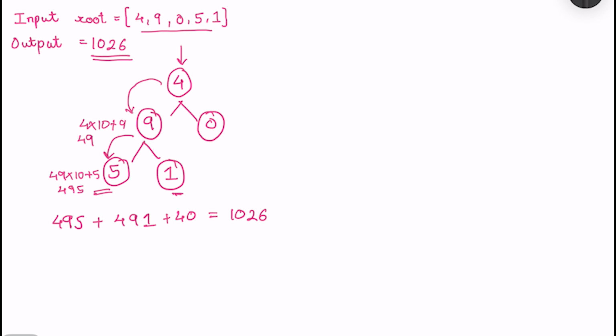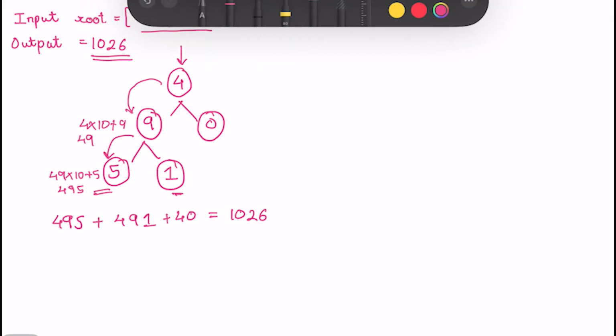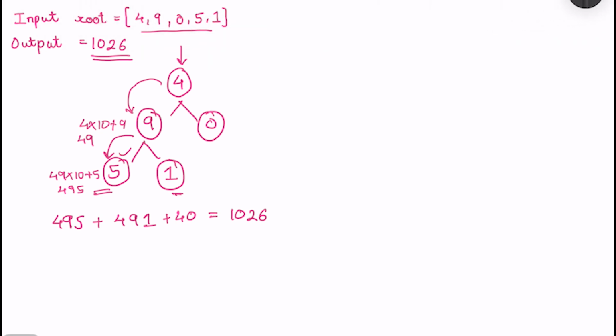In a similar way, I'll go back to 9, which is 49, and from 9 I'll go to the right child, and it will be 491. Then I'll go back, and from the root I'll go to the right, and it should be 4 into 10 plus 0, which gives me 40.